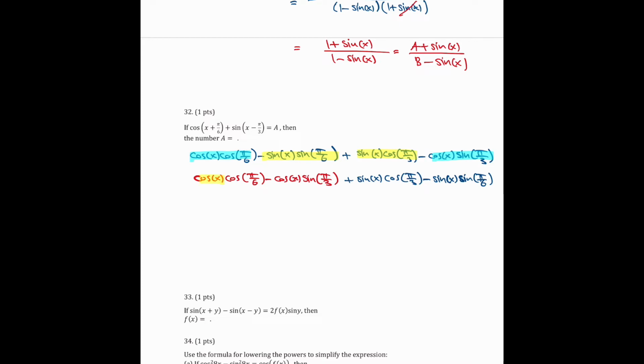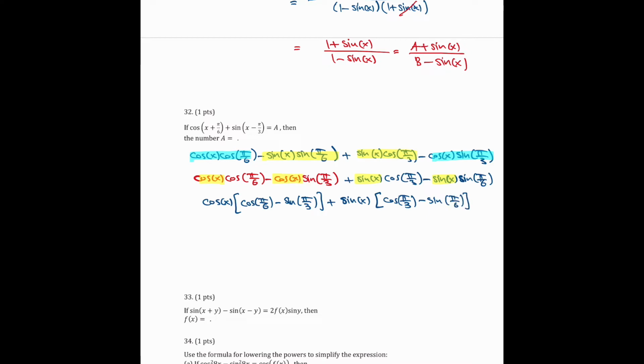I will take cosine x out as a common factor from the first two. So we'll have cosine x times (cosine pi over 6 minus sine pi over 3). Plus, I will pull sine x out as a common factor from the second one. So I have sine x times (cosine pi over 3 minus sine pi over 6).